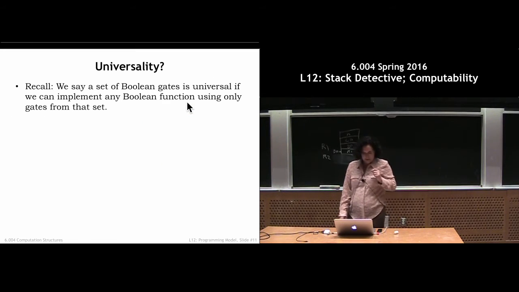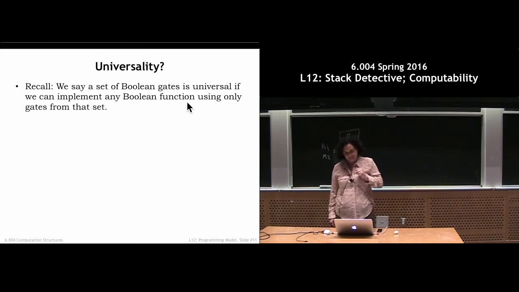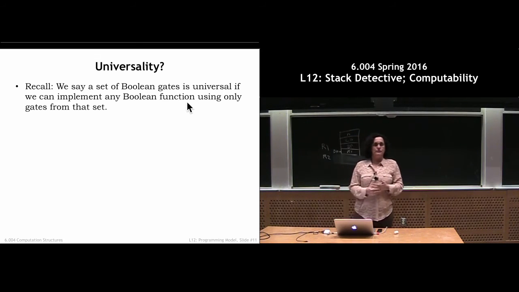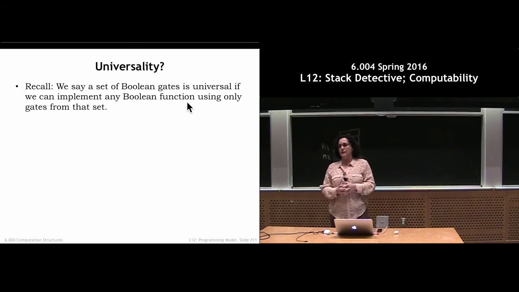All right, now we're going to move on to our next topic, which is universality. So if you recall, when we were studying Boolean gates, we spoke about the concept of universal gates. And the idea there was that a gate or a set of gates is universal if it can be used in order to perform any Boolean logic function.